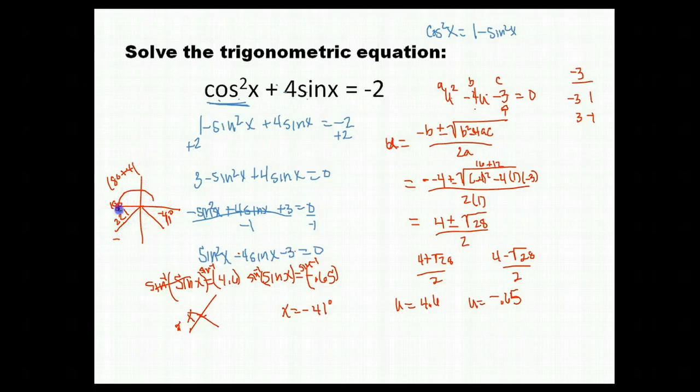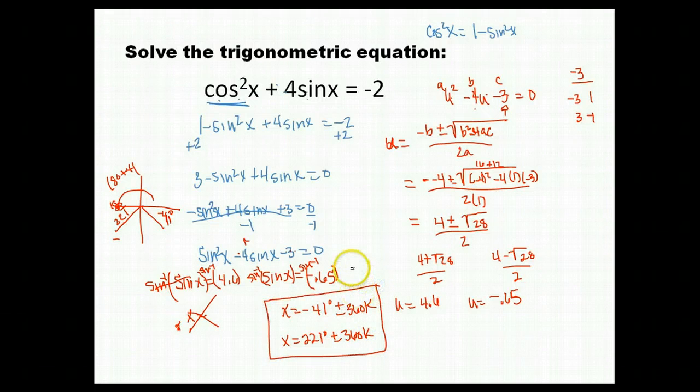Excuse me, I cannot talk. 180 plus 41 is 221. So we have an additional answer that x is 221. We want all of the other answers that would come up as we revolve around that circle. So we go plus or minus 360k on each of them. And there are our answers to this problem.